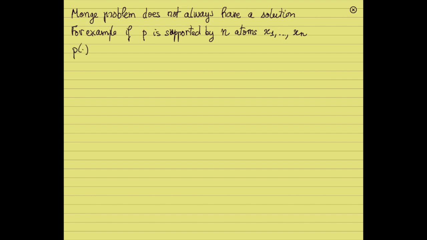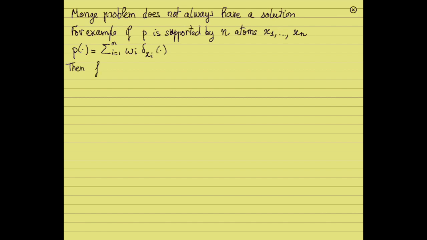So the Monge problem is an interesting optimal transport problem, but it does not always have a solution. In fact, it is usually a big question whether it has a solution or not. For example, if the distribution P is supported by n atoms, x1 to xn, which means it's a discrete distribution and the values of the variable are in the set x1 to xn, we can write P as a sum of weights summing to 1 times Dirac mass at xi.